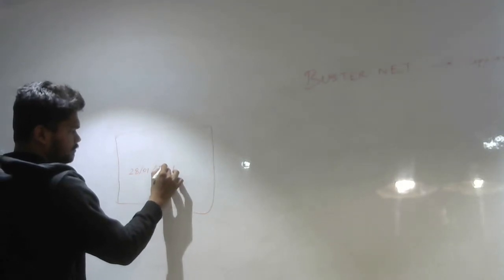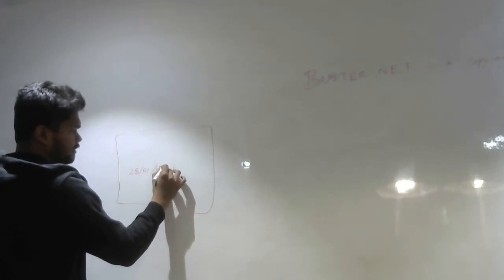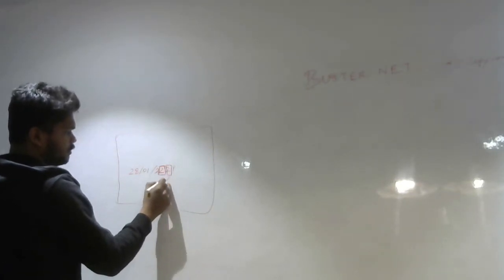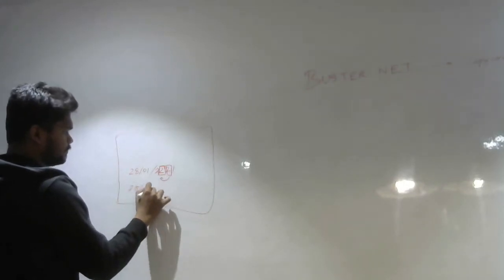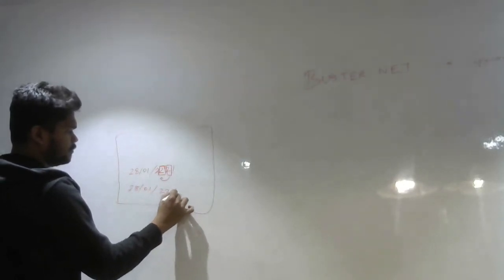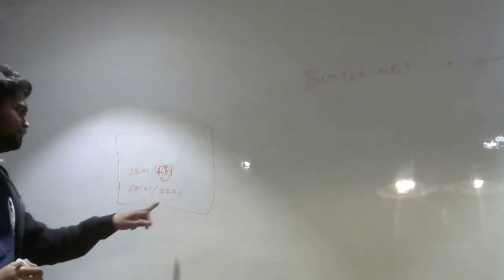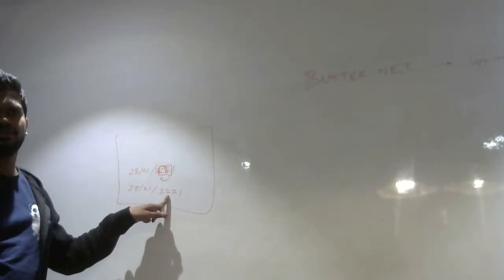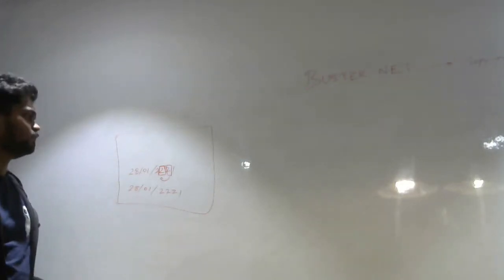So we have to localize this region plus this region. This has been copied to this place. So the image will be like 2, 1. We have to detect that this has been copied to this place. This type of forgery is called copy-move.